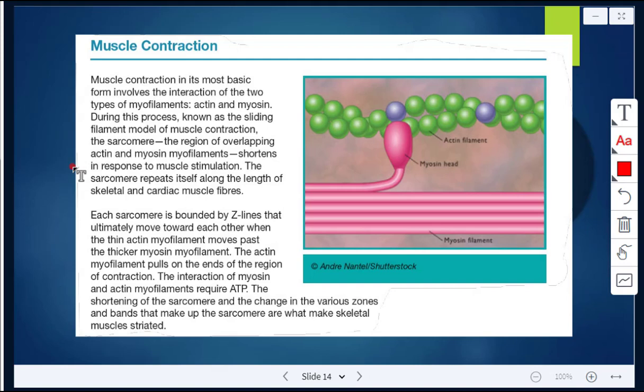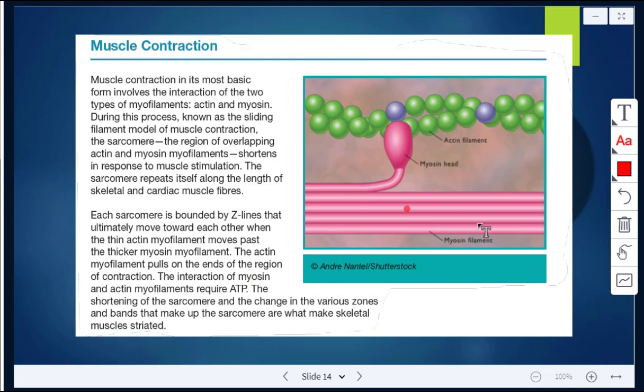The sarcomere repeats itself along the length of skeletal and cardiac muscle fibers. Each sarcomere is bound by those Z lines that will ultimately move towards each other when the thin actin myofilament moves past the thicker myosin myofilament. The actin myofilament pulls on the ends of the region of contraction, and it does require ATP.